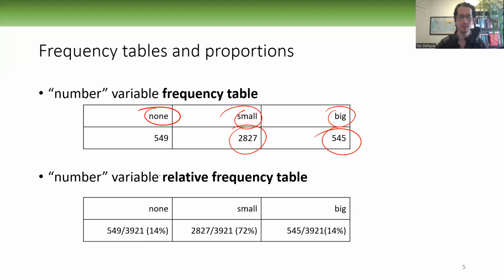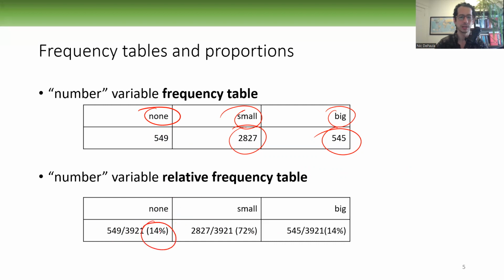It's also important to have the relative frequency, because these numbers are difficult to compare or really use if we don't have a relative measurement. And so here is a relative frequency table. What happens is we just divide the frequency of each category by the total of the 3 categories combined. So this 3921 is 549 plus 2827 plus 545.